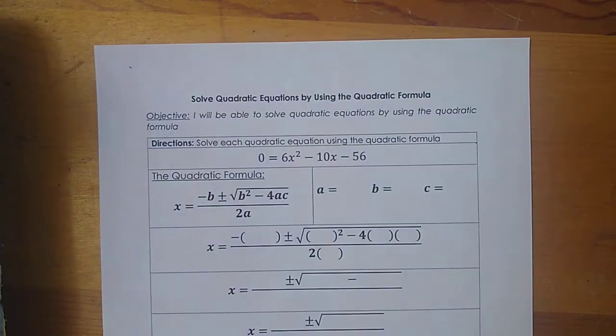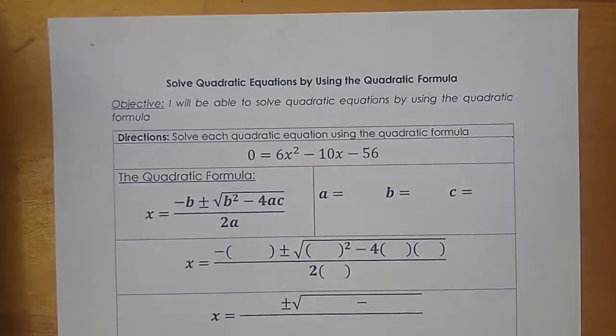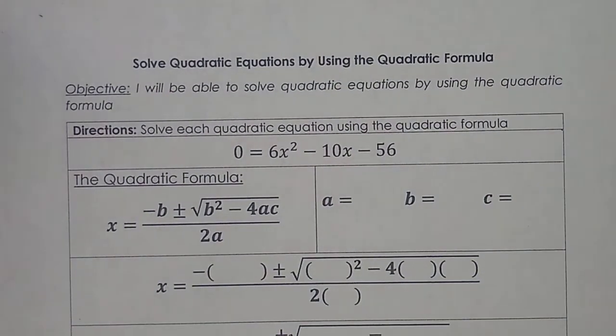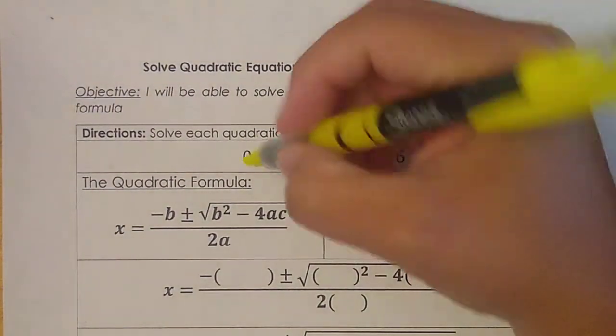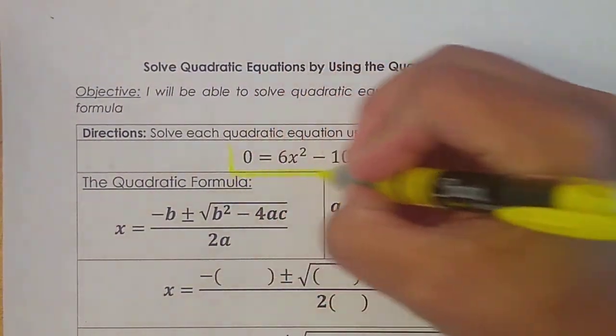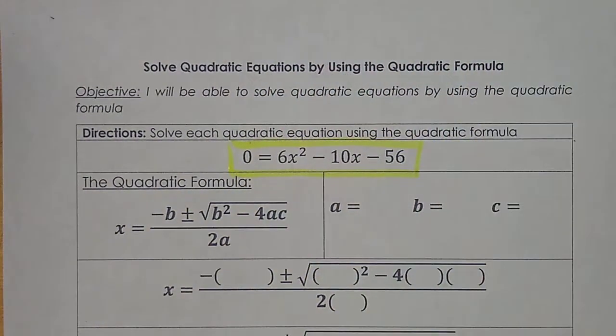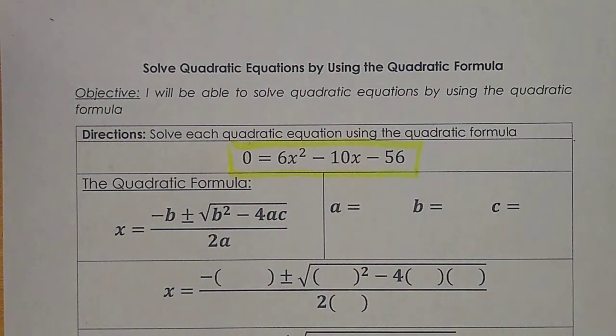So you will see here that I've got the equation 0 equals 6x squared minus 10x minus 56. So this is what we're going through and solving. We're going to solve that using the quadratic formula.